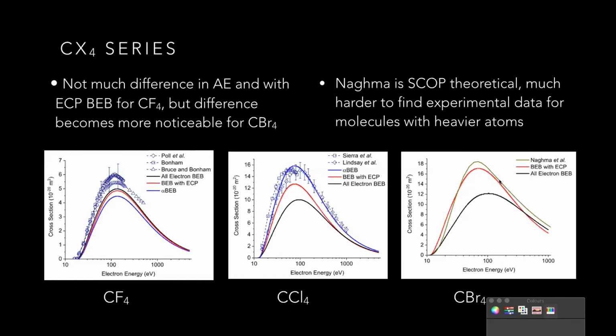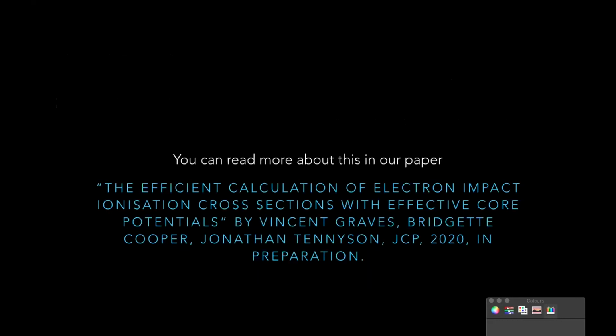But our BEB curves match a lot better with an ECP, using the SCOP method for calculating ionization cross sections, than an all electron calculation. So you can read much more about our implementation of ECPs with BEB in this paper by Vincent Graves et al.